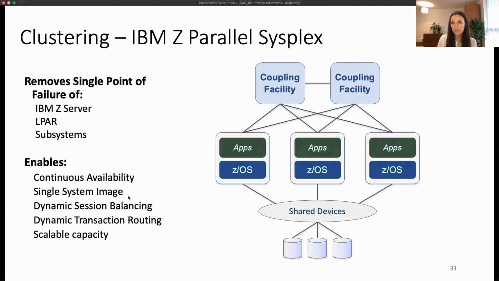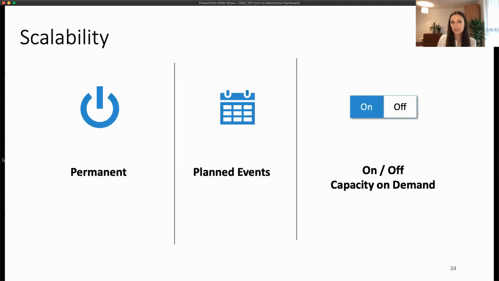Now, I also wanted to quickly talk about scalability. So we have mentioned that organizations which decide on purchasing a mainframe have the option to configure it to their needs. So they can decide how many cores they need, how much I/O they need, and so on. But capacity demands can, of course, vary.